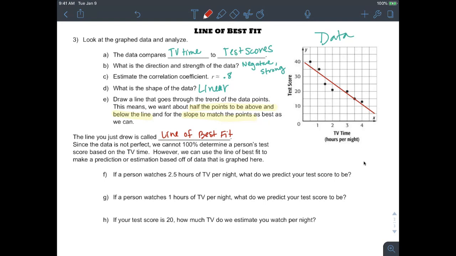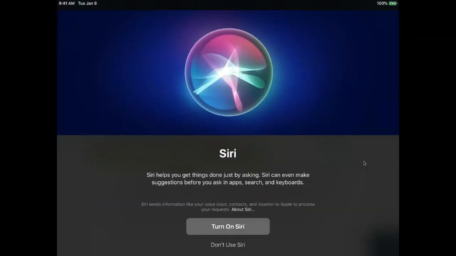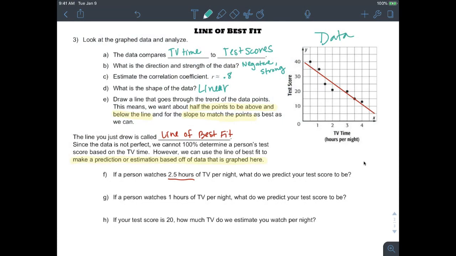So we use a line of best fit to make a prediction or estimate based off the data of the graph. So we're going to do that now. If a person watches 2.5 hours of TV per night, predict what the test scores will be. I'm going to go to 2.5 and up to the line.